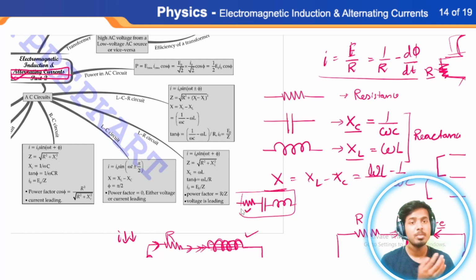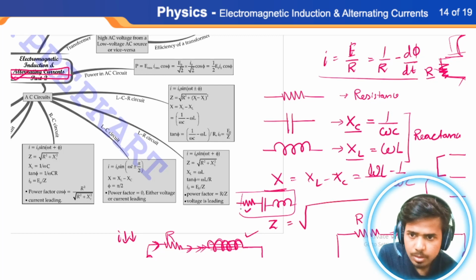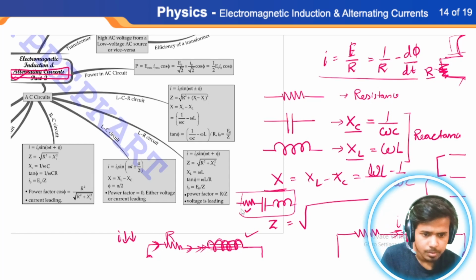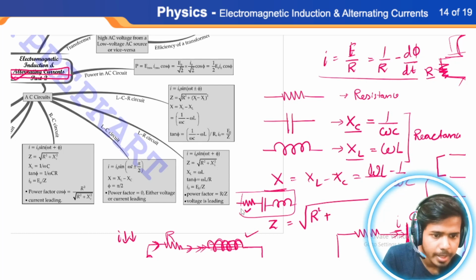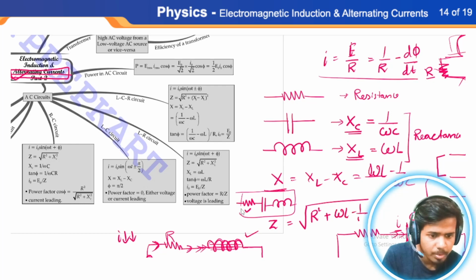That is why we give the name impedance, how much it is impeding the flow of current. So impedance Z is equal to the square root of R squared plus (X_L minus X_C) squared, so basically omega L minus 1 by omega C, the whole thing squared.